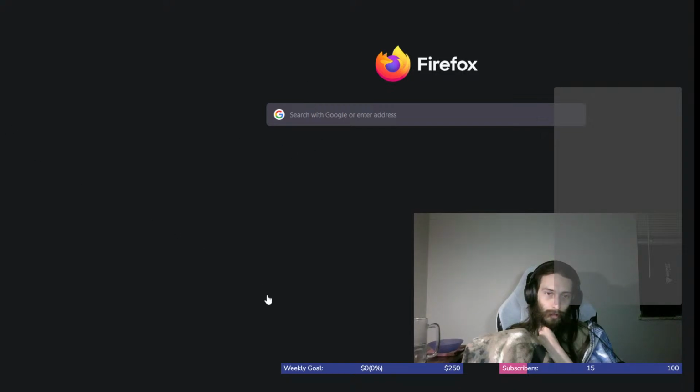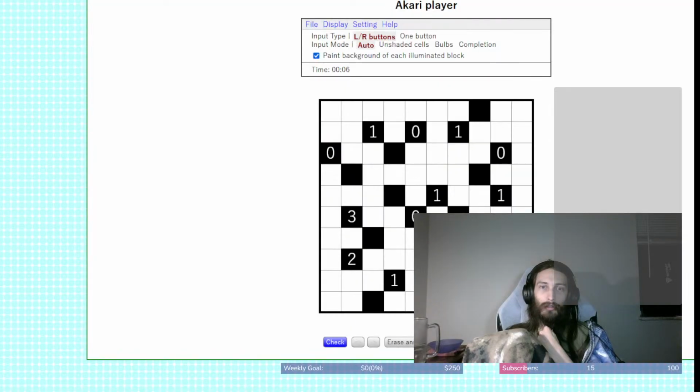The list being a bunch of bookmarks from Cracking the Cryptic. So there's this puzzle here. Doesn't have rules associated with it. Akari player.